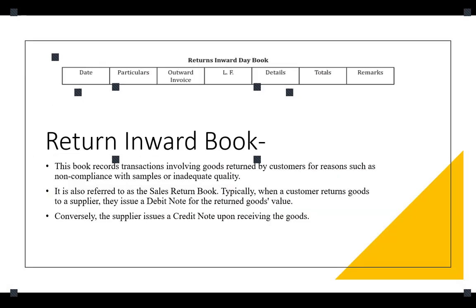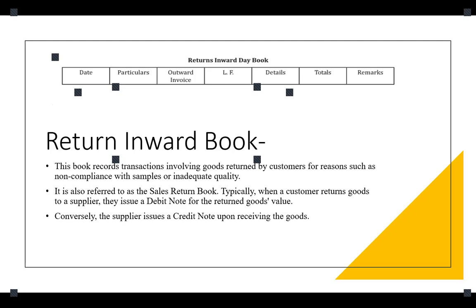Now the return inward book. As we know, when we do sales, there may be some sales return due to some quality issue, some other reason, or because the sales were made on an approval basis.